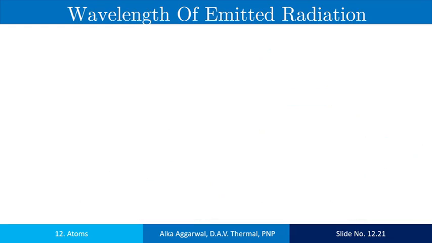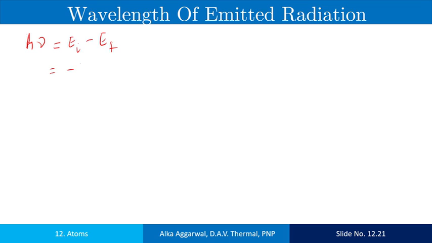Now let us move forward. Here we have to find the wavelength of the emitted radiation. As you know, according to Bohr's postulate, the energy emitted when the electron jumps from one orbit to another orbit is equal to h nu, which is equal to the energy difference of the initial level and the final level.